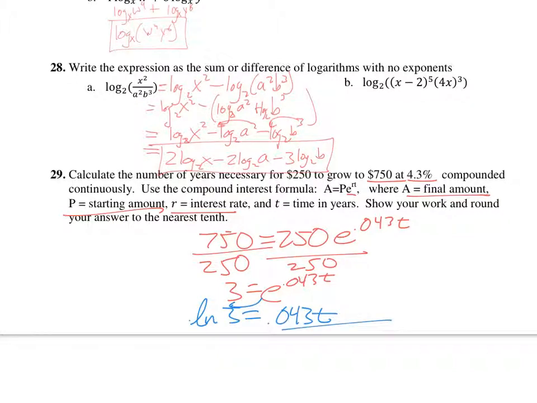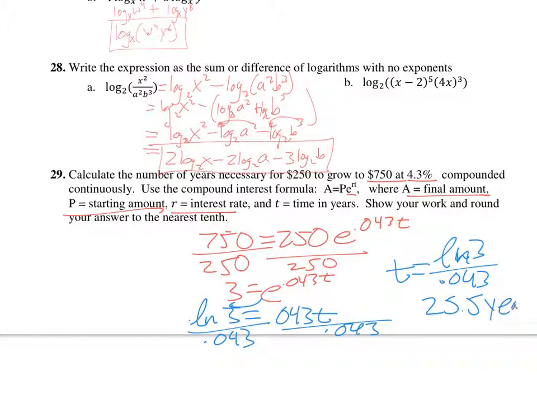And let's divide by 0.043. So t is natural log of 3 divided by 0.043. That is 25.5 years. Okay? And there you have it.